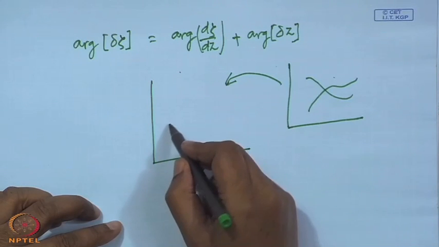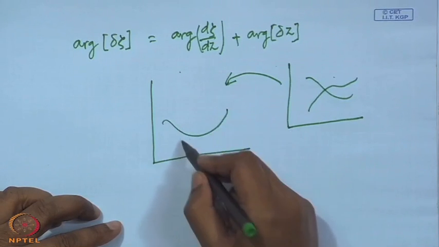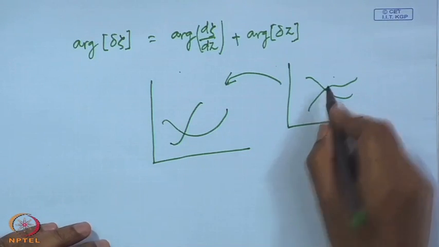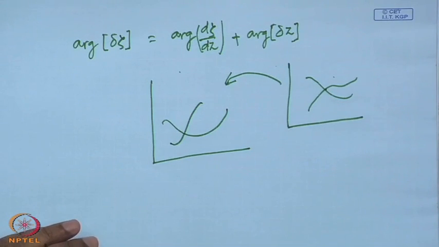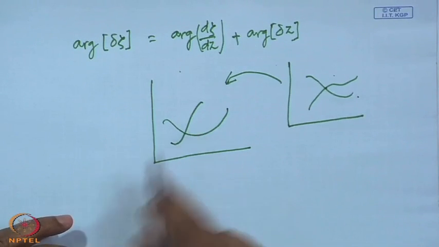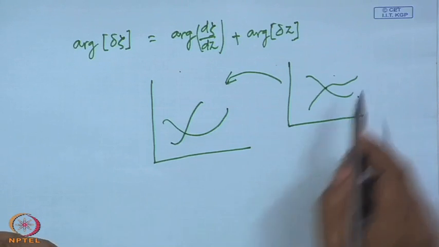And here also we are getting two such curves. We can call these curves z1 and z2, and here zeta1 and zeta2.